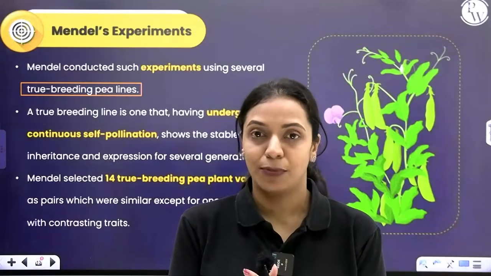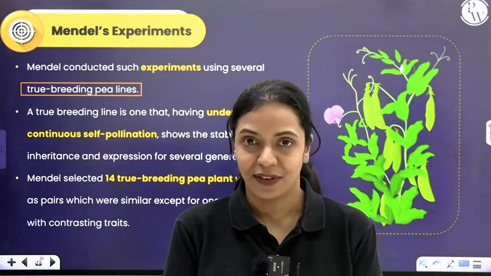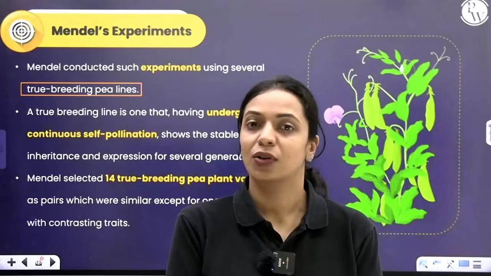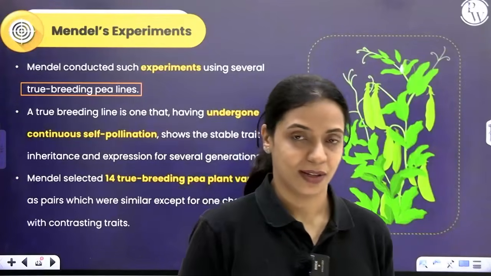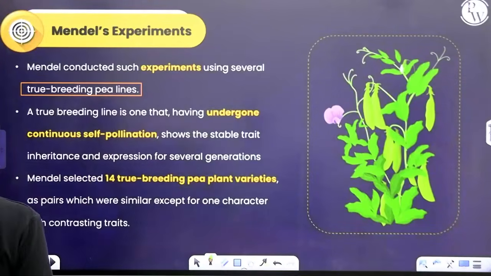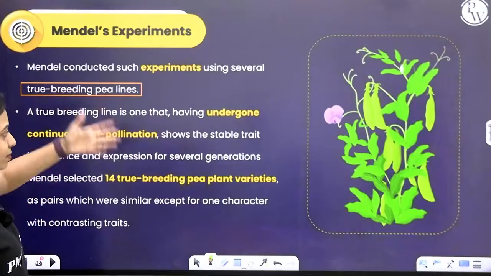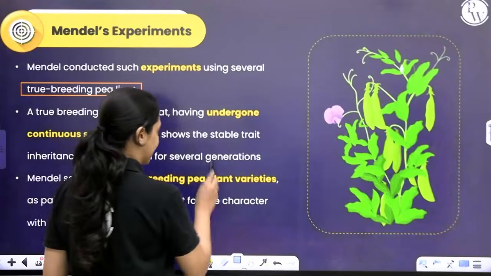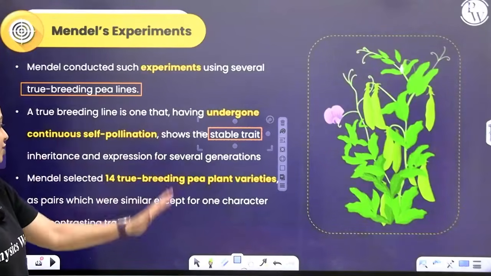If a dwarf plant, like a short pea plant, is allowed to undergo self-pollination for several generations, then at one point you will be sure that if this plant undergoes self-pollination, it will produce all dwarf plants. It is true to that trait of being dwarf. So a true breeding line is one that, having undergone continuous self-pollination, shows stable trait inheritance and expression for several generations.